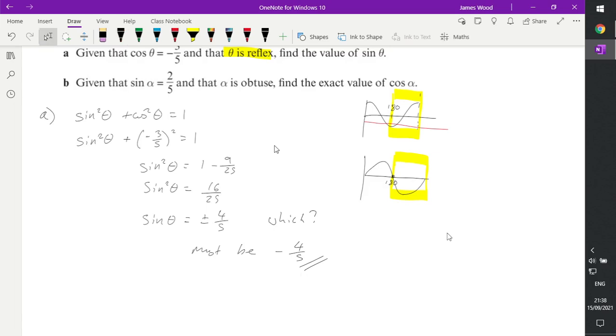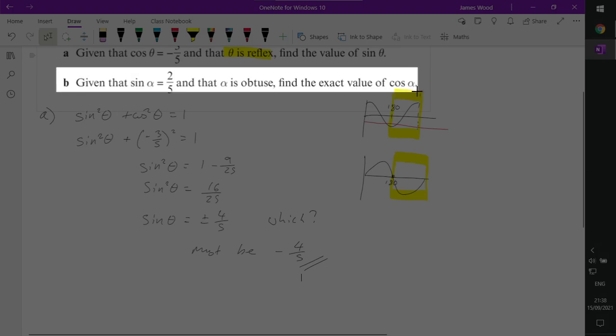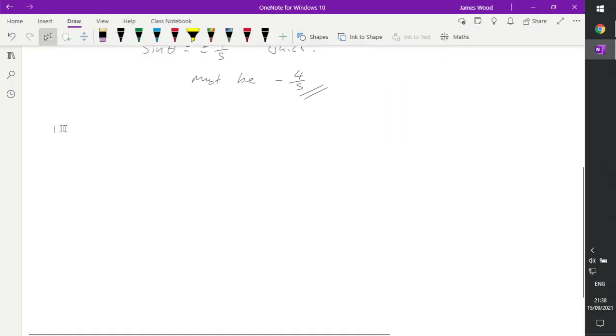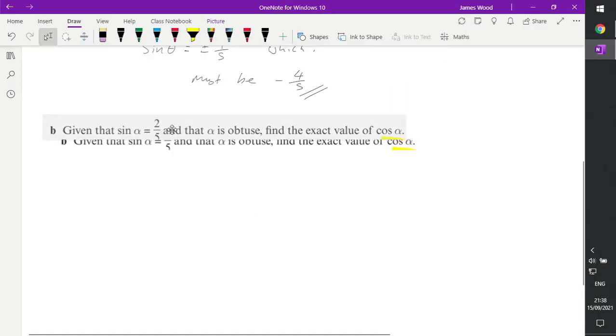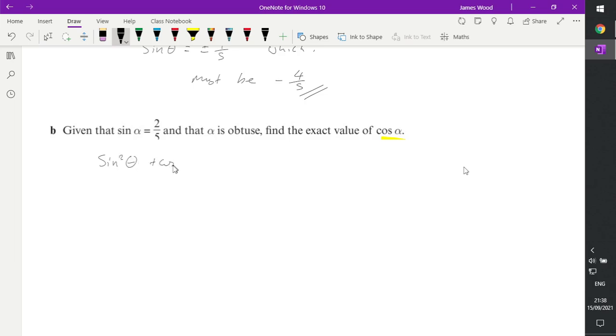Okay, for part B, we're going to use the same sort of strategy. Let's just move this lower down. Okay, so sine alpha is 2/5 and alpha is obtuse. So again, we're going to use sine squared plus cos squared equals 1.